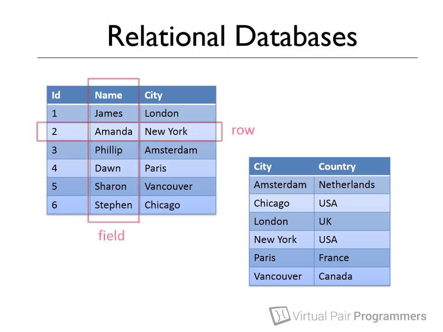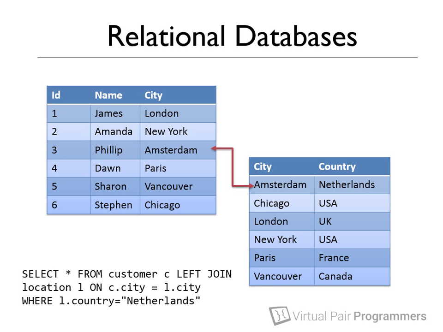And a really important feature is that we define relationships between the tables. Relational databases support a defined syntax for reading and writing the data, and that's known as the structured query language, or SQL, sometimes called SQL.